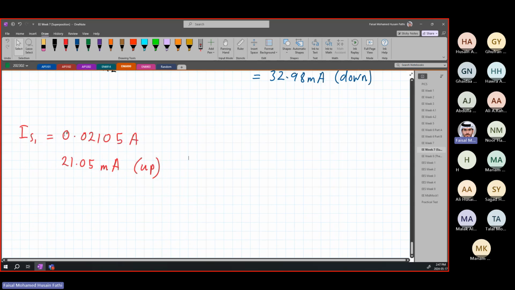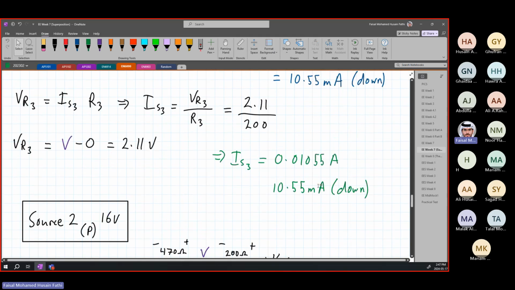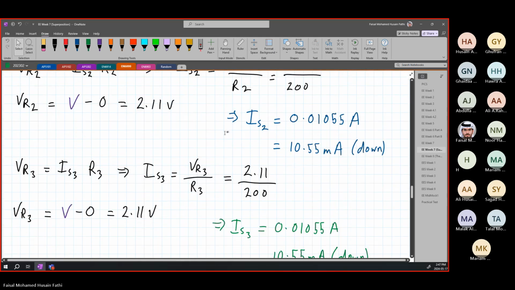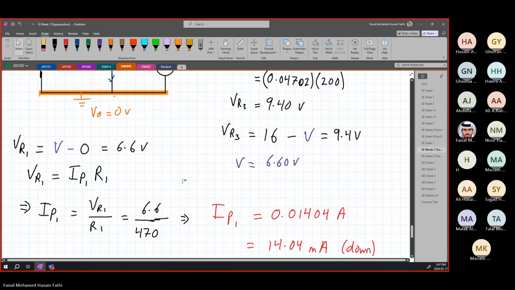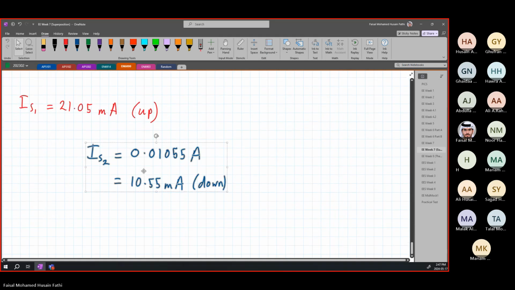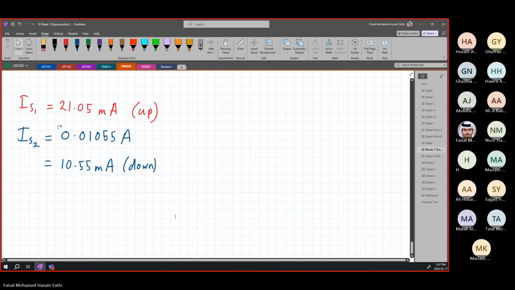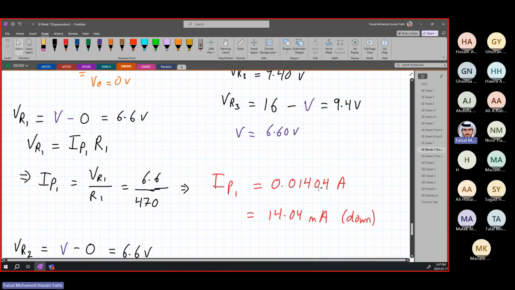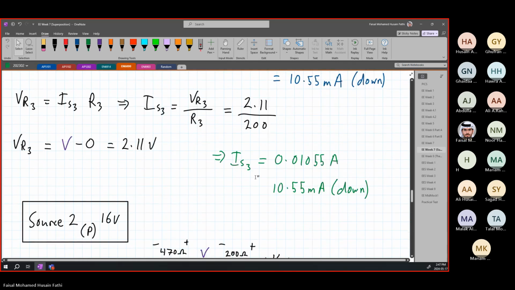So this is for the first one. Let's keep everything in milliamperes for now. Okay, IS1, IS2. Again, we'll just keep everything in milliampere. And IS3.